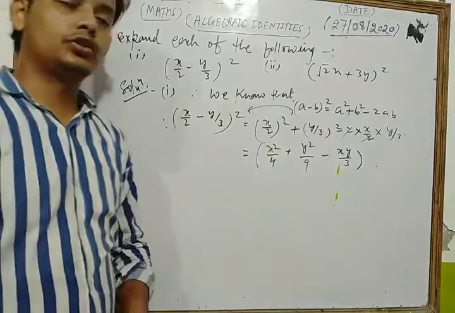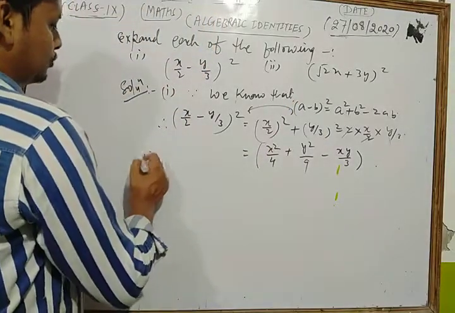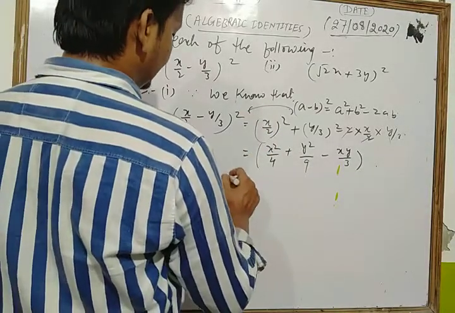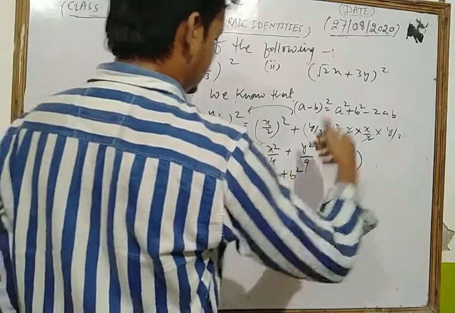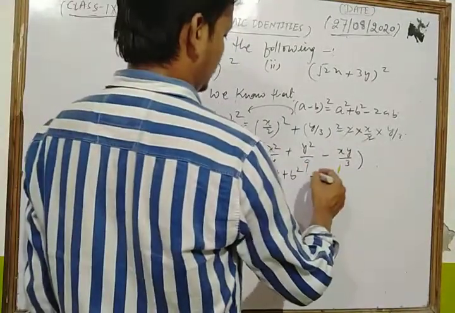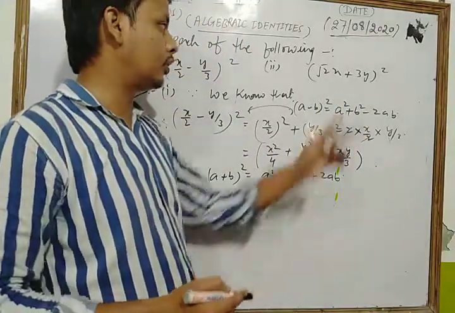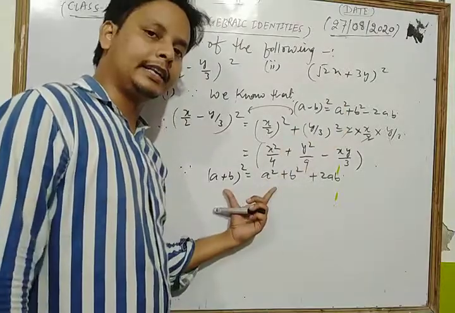Now we take and solve the second part of this question. First of all we know that the identity (a plus b) whole square is equal to a square plus b square plus 2ab. Now look what I do, dear students. We take the question and expand it on the identity (a plus b) whole square.